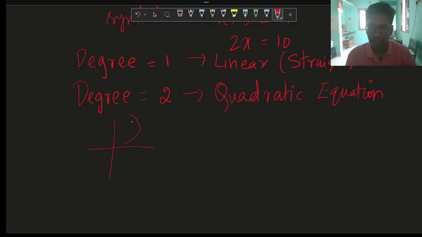This is called a parabola. You would get a curve which goes until the roots get clear. Roots are called the solutions of this particular equation. So a quadratic equation is where the degree is 2.